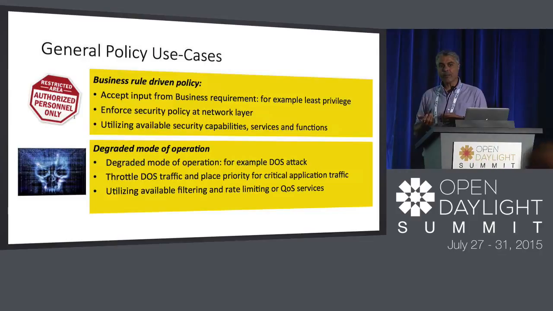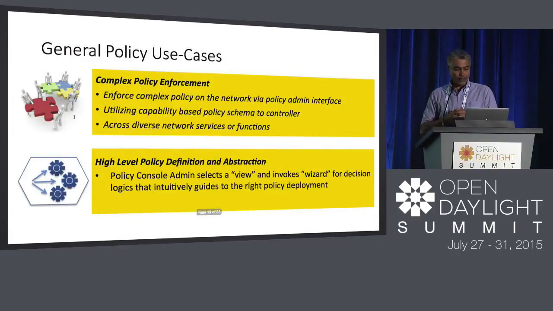Second, something happened and there's a degraded mode of operation. There's a denial of service attack, something happened in the network, and now you're taking action. So that's a degraded mode of operation. The next one is complex policy enforcement. It's not just applying policy to one element, but across different vendors and different topologies.